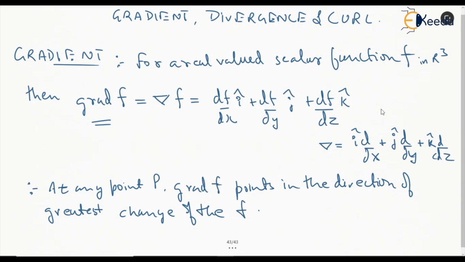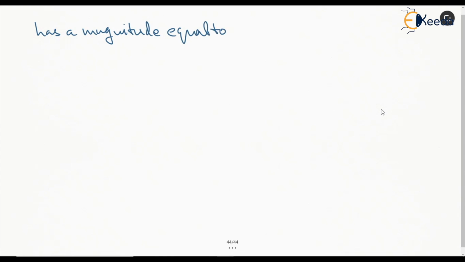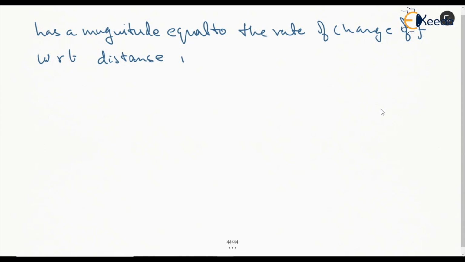Then that is the direction in which the gradient will actually be directed, and it has a magnitude equal to the rate of change of the field with respect to distance in that direction.